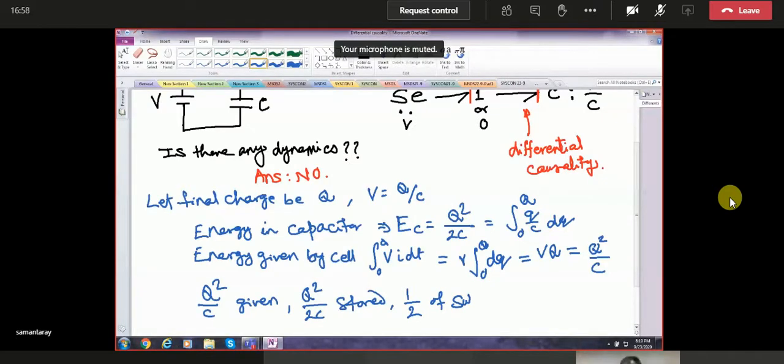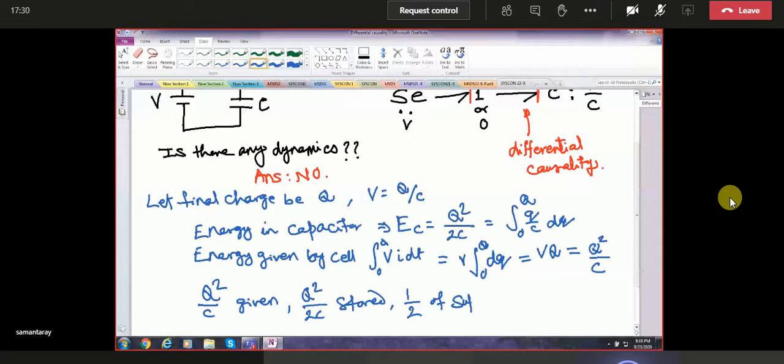Something is seriously wrong. What is seriously wrong is that if you have a Dirac delta function at t equal to 0, that Dirac delta function's integration actually has to begin from minus epsilon to plus epsilon with epsilon tending to 0. So the positive part after 0 becomes half.